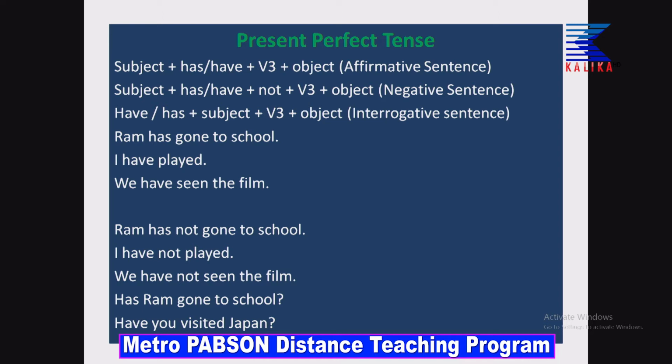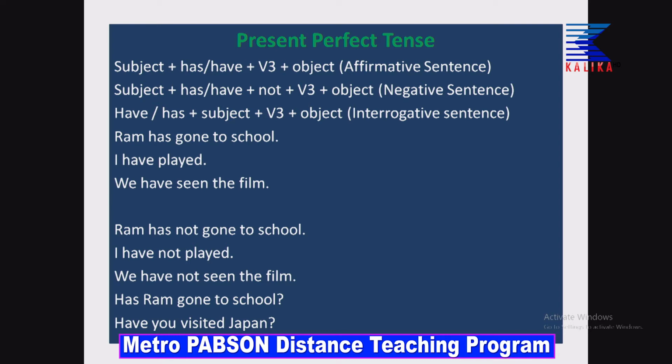Now children, what is verb 3? Subject you all have understood. I told this also in my previous class. Verb 1 give, verb 2 gave, verb 3 given. Verb 3 is given. So this is the form of the verb.